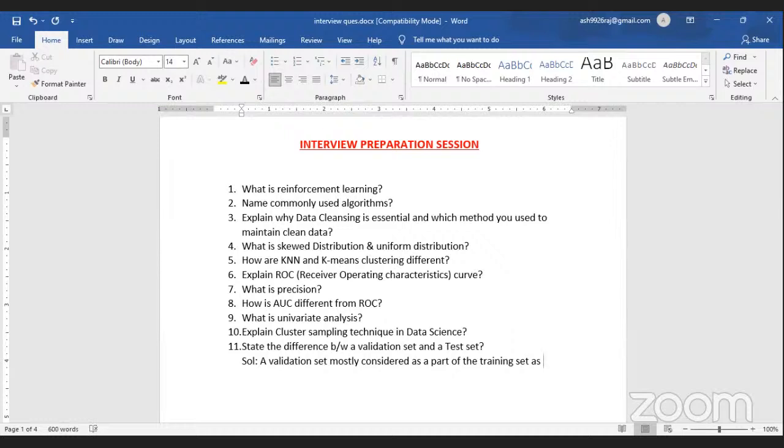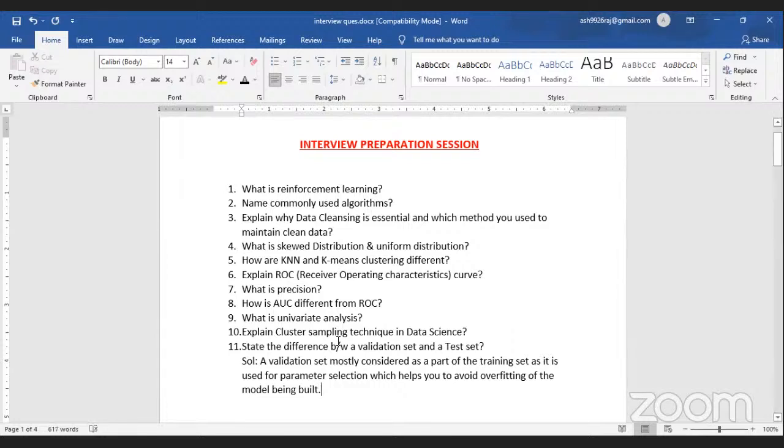As it is used for parameter selection, which helps you to avoid overfitting of the model being fit.